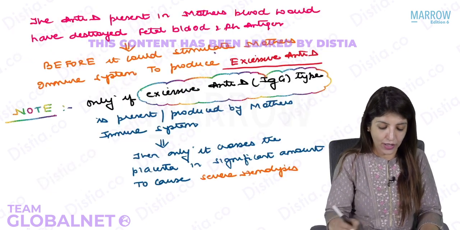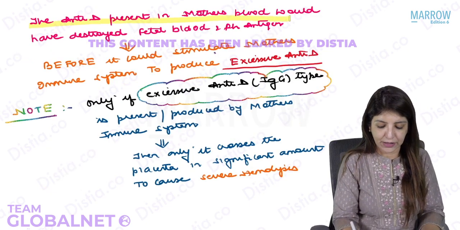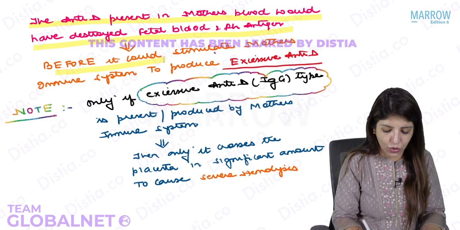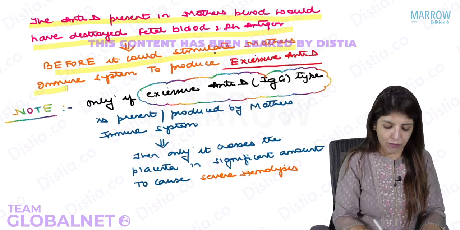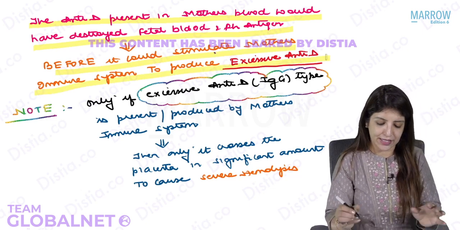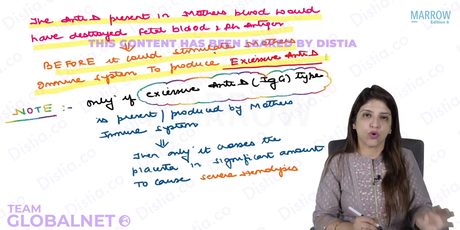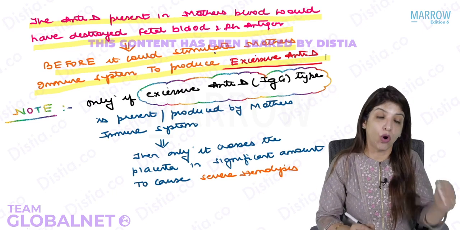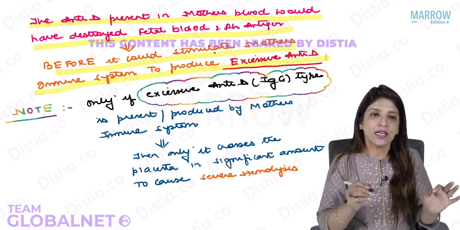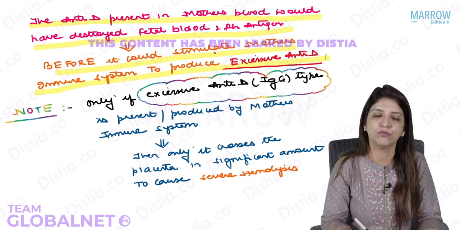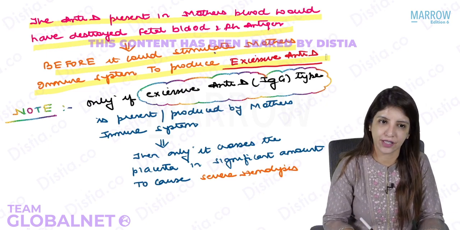The anti-D present in mother's blood would have destroyed the fetal RBC along with the Rh antigen even before it could stimulate mother's immune system to produce excessive anti-D.